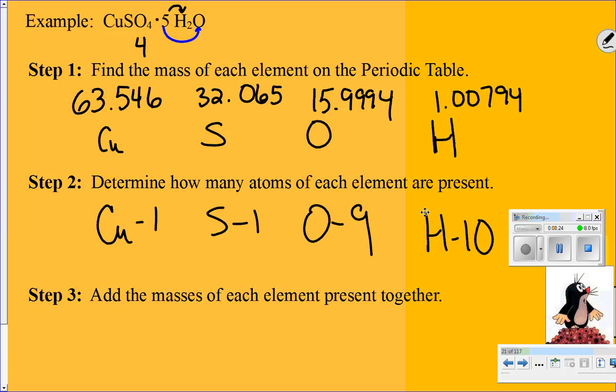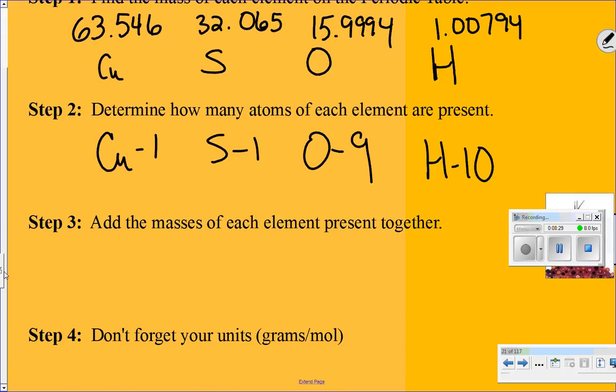You can also opt to do water separately and just add 5 waters onto this. Doesn't really matter as long as you are adding them all up. So 63.546 plus 32.065, so that's the mass of copper, the mass of sulfur, 1 each.